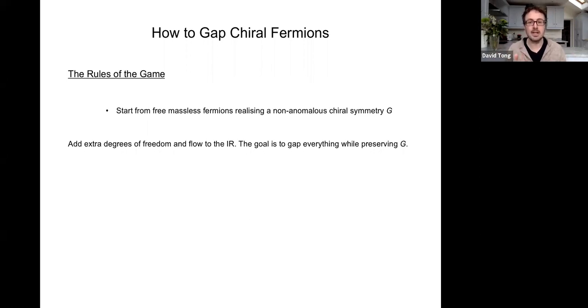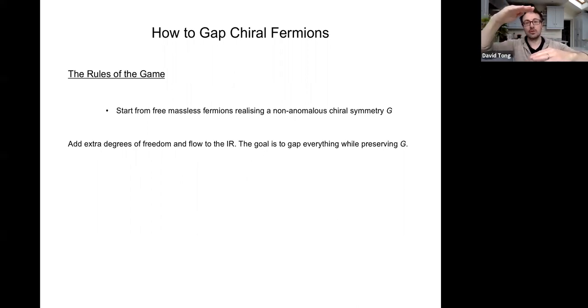So this is the setup, and I'll elaborate on this as we go on. You start with the massless fermions, massless chiral fermions. You introduce some new massive degrees of freedom at a high energy scale that also preserve this symmetry G. And moreover, everything is going to be vector-like under this. They shouldn't change the anomalies of G. What that means is it's totally trivial to give this extra stuff an arbitrarily high mass and just remove it from the story.